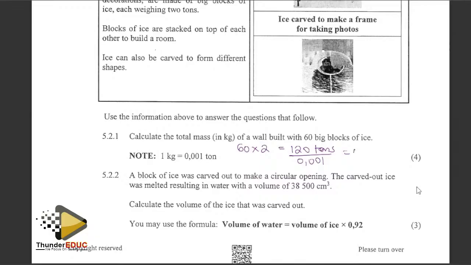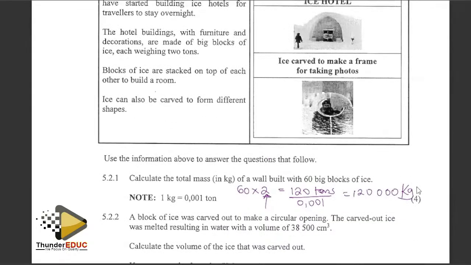You get your answer as 120,000. These are kilograms. Now, where do we get the 2 from? The 2 comes from here: blocks of ice, each weighing 2 tons.